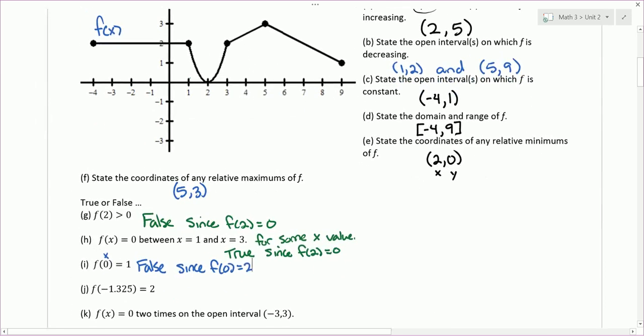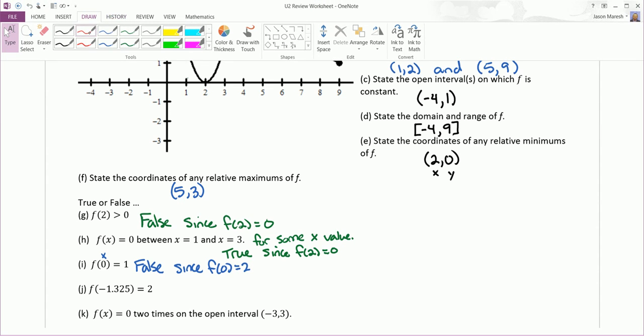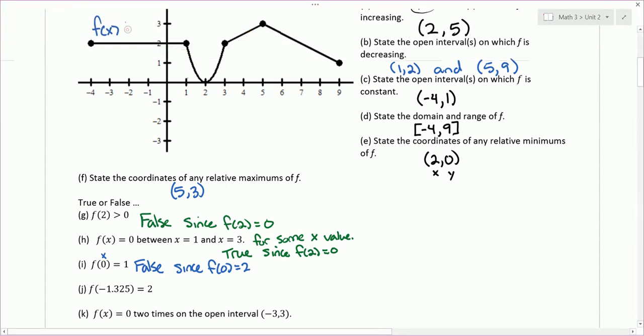Next one, f of negative 1.325 equals 2. Now that seems like a silly statement, but that value is on the x-axis. They're saying if you plug in that value for x, you'll get 2 for y. So where is negative 1.325 roughly on the x-axis? Somewhere between negative 1 and negative 2. Let's say it's about right there.